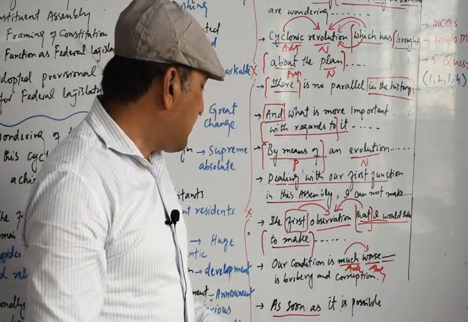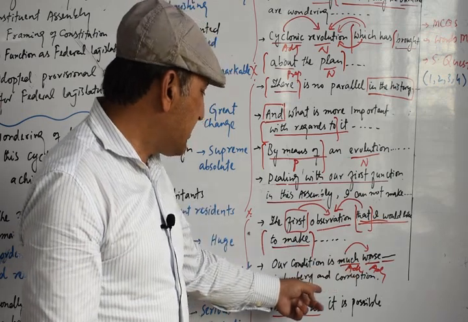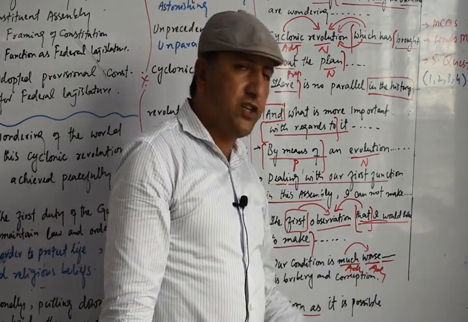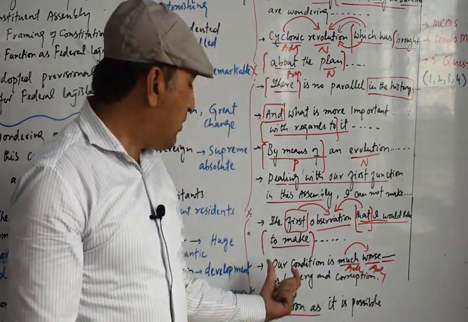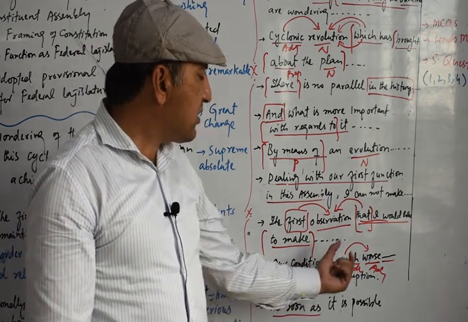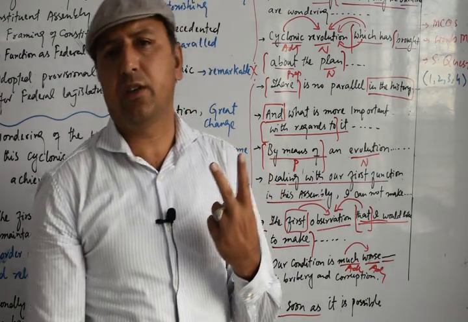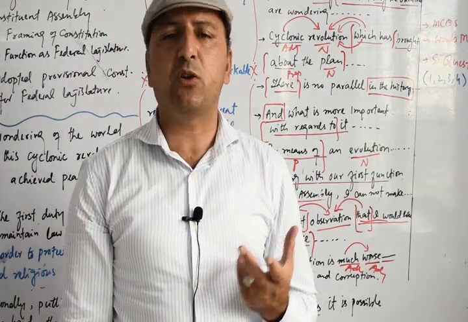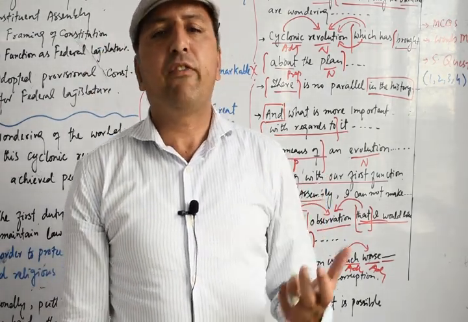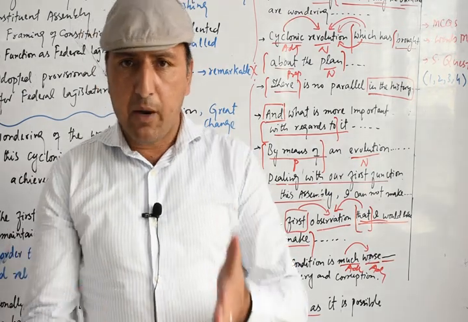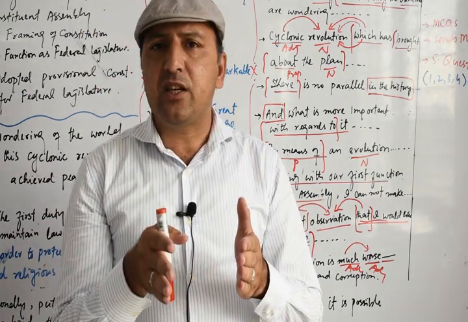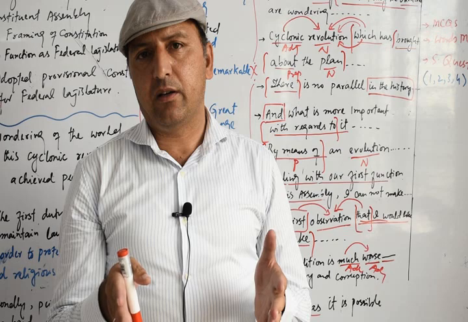Okay, then we have our condition is much worse. We have then a dash. Our condition is much worse, which is followed by a dash. Now you see dash is basically a punctuation. Punctuation refers to those marks which are put inside a passage according to its meaning.